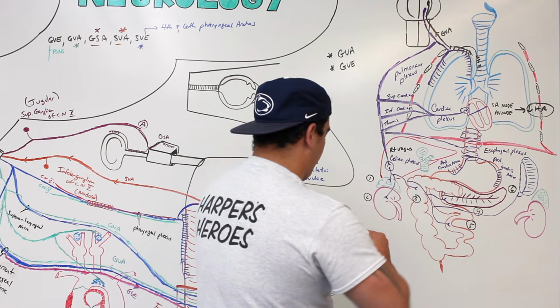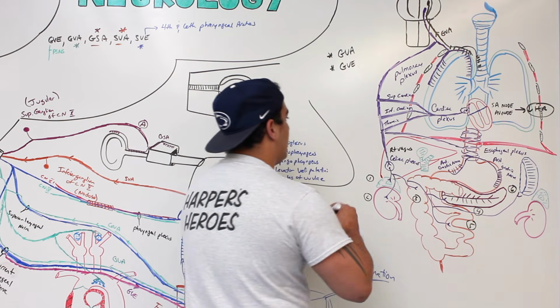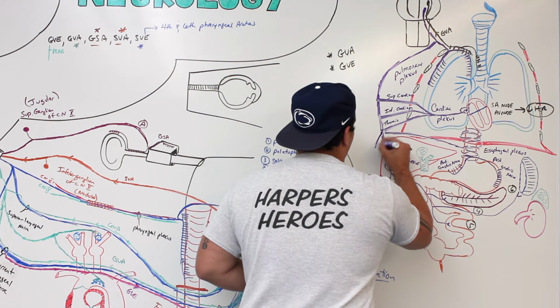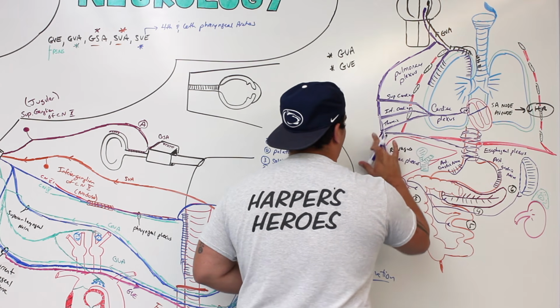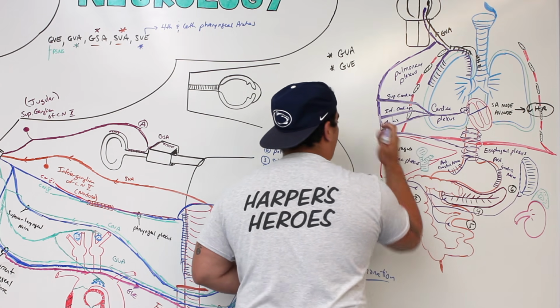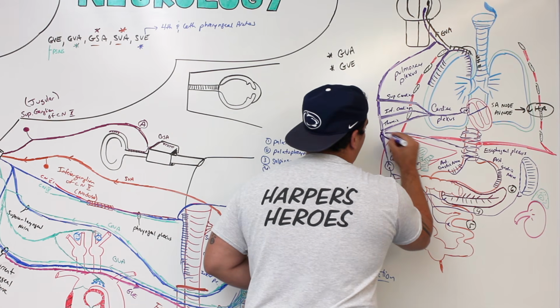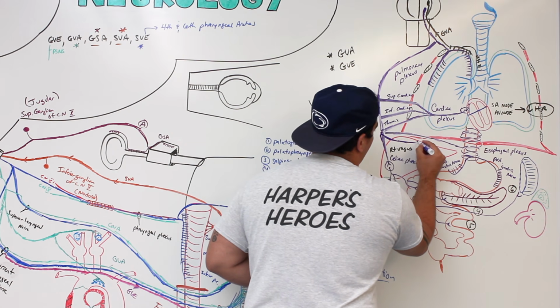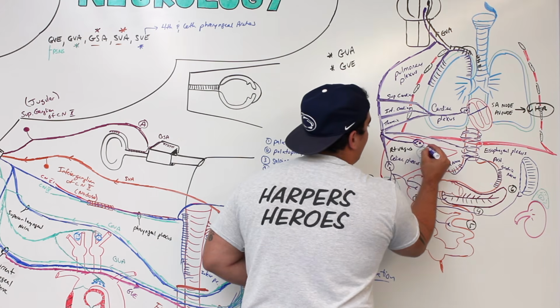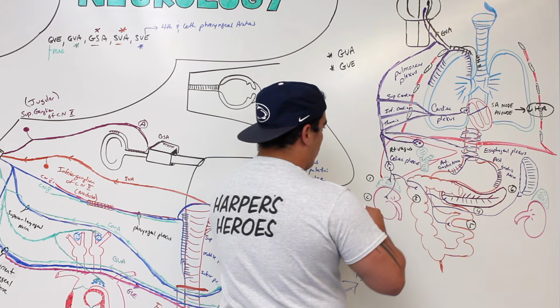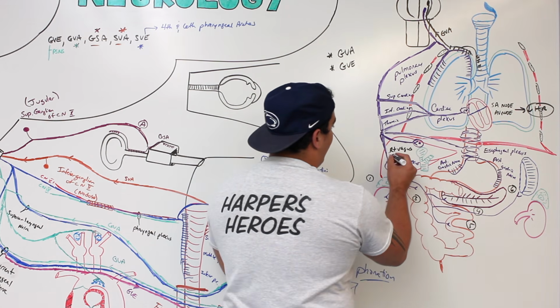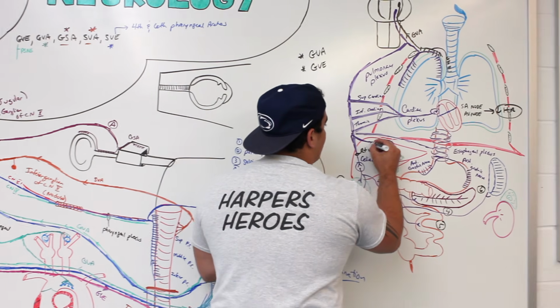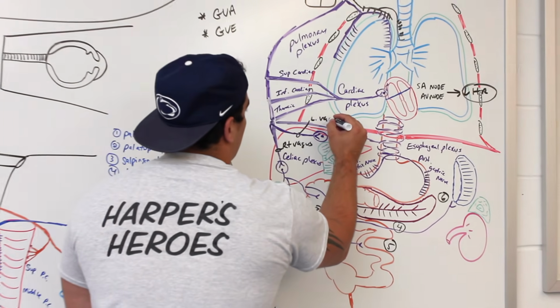Then there's another one, the left vagus. The left vagus is actually going to give off another branch here. Let's actually bring it in here because it's kind of ironic where we're at. It gives off another branch, and let's say this one right here is going to be the left vagus. So this one right here that I'm coming off to, the right vagus is this one. This is the left vagus.